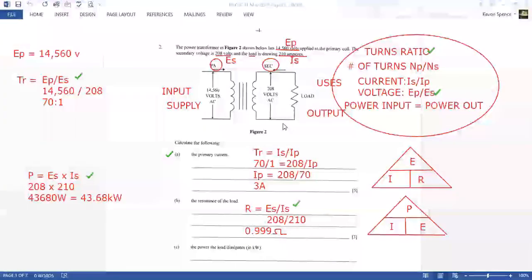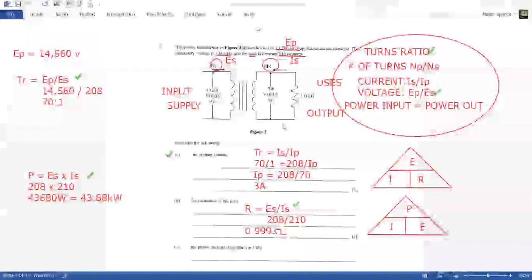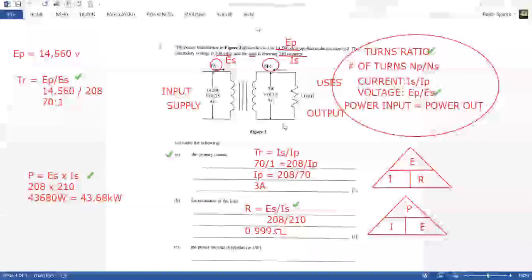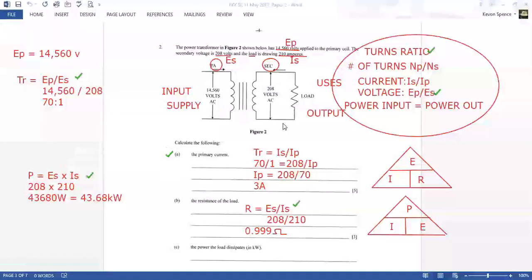Now, if you memorize the turns ratio formulas and you look at the question and locate two values that are common, use them to calculate the turns ratio, and then use the turns ratio to calculate everything else that is missing.